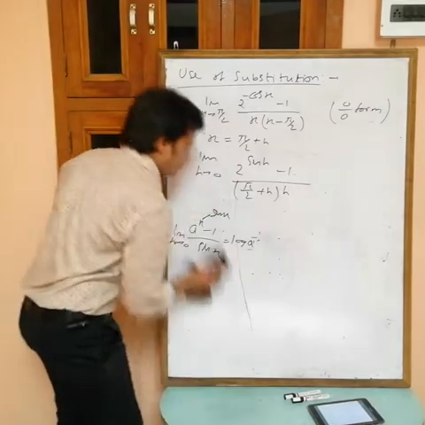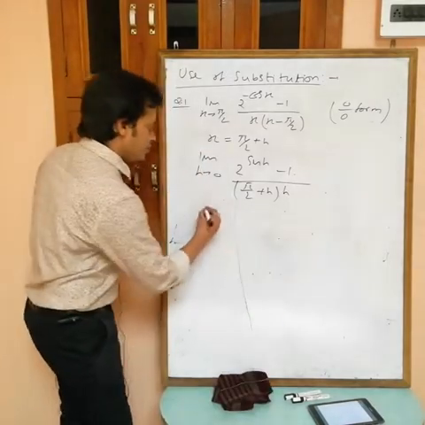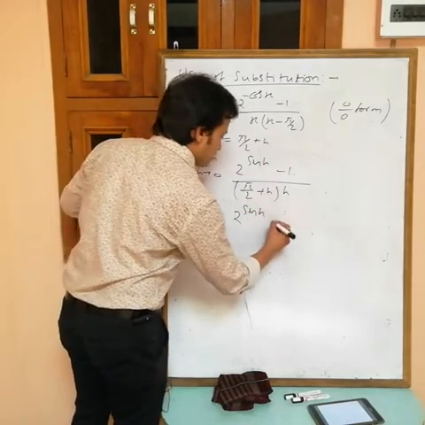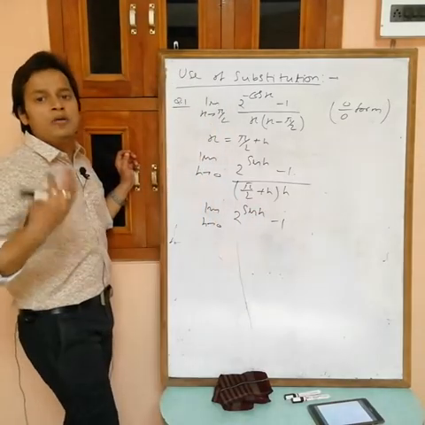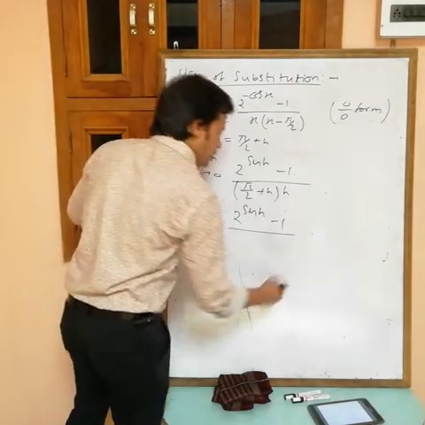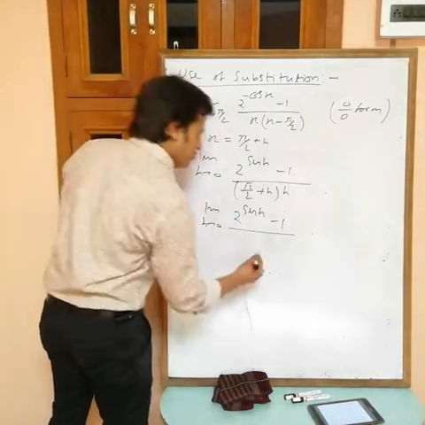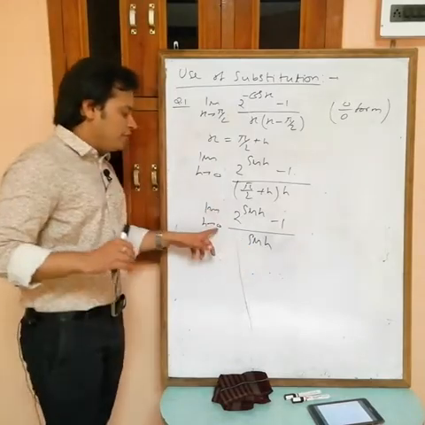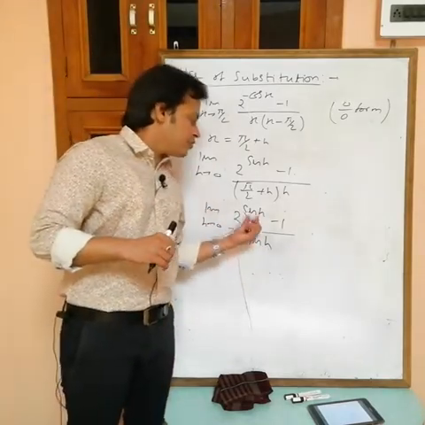Now see, I want to use the standard limit, then limit h tending to 0, in the numerator we have 2 power sin h minus 1, this is like a power x minus 1. Then in the denominator what do we want? At the place of x what do we have? Sin h. What is the condition? These two must be the same, and when we are putting h equals to 0, both must go to 0.